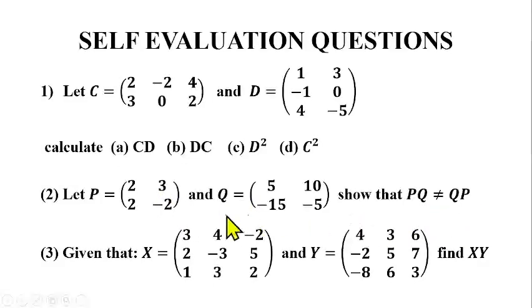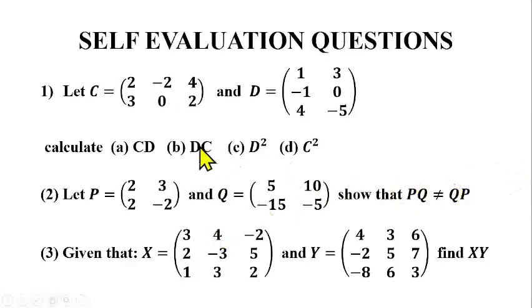If your answers are different, then that means you have been able to show that this is not equal to this. Then also we have matrix X and Y. You have to find X times Y. So that is on multiplication of matrices, and send your answers to me, and I will help you to verify whether you are right or wrong.